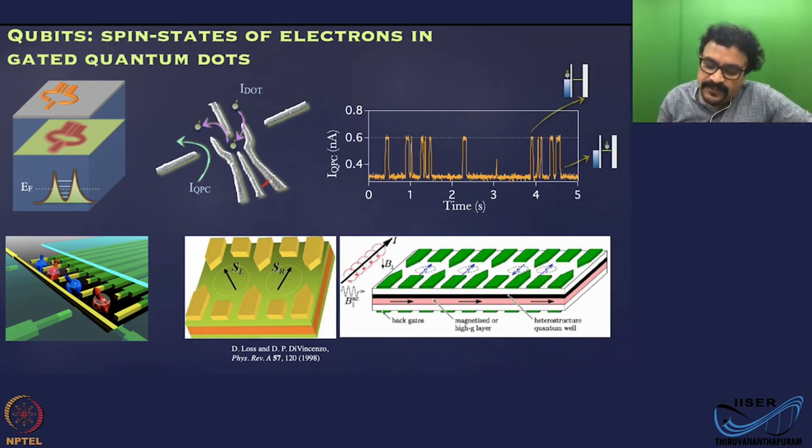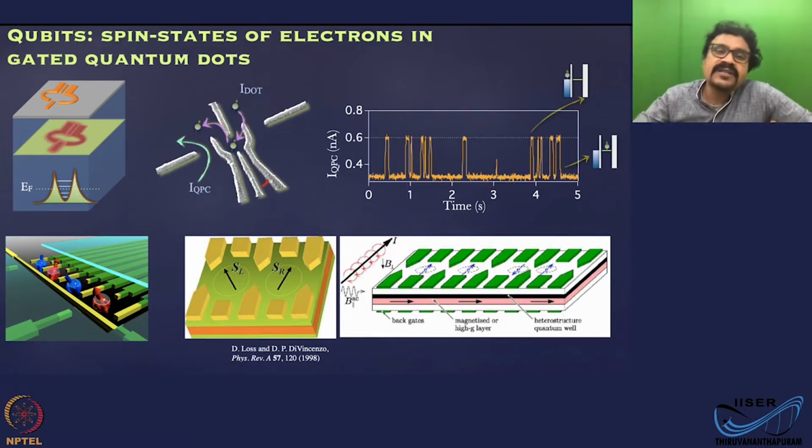Anyway, you can detect that by looking at the signal of the QPC or the current through QPC. Whenever that current abruptly changes, that corresponds to an electron tunneling event into or out of the dot. So now what you have is a system where you can trap electrons, and you also have other bells and whistles to detect the electron tunneling events and the electronic configuration of the dot.